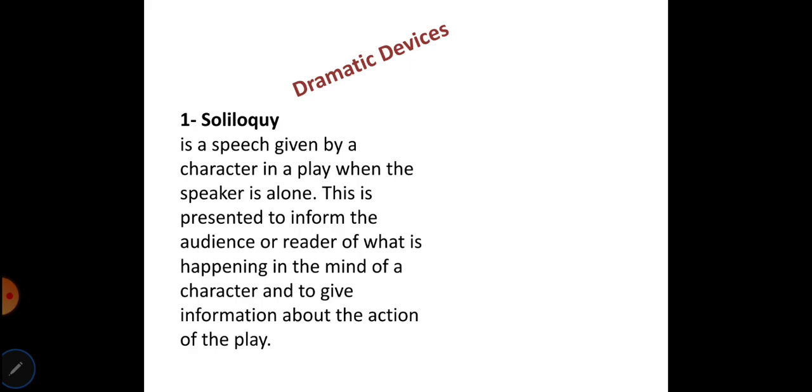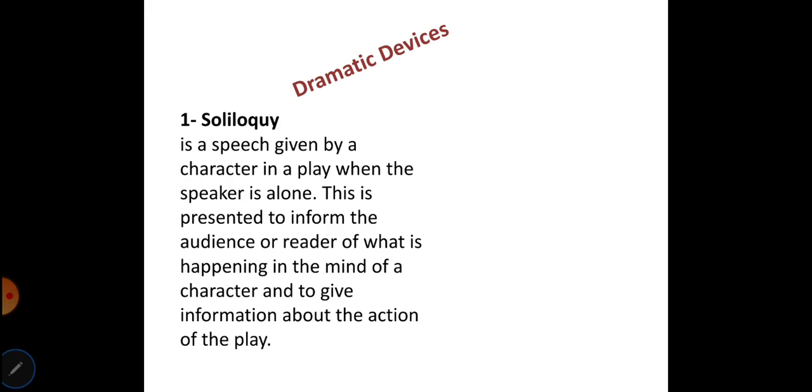The stage might have more than one character, but there is a character who takes aside, like يأخذ جانبا أو يتنحى جانبا, and he speaks to the audience. Seemingly he speaks to himself, but actually he is not. He is actually, or she is actually, addressing the audience.